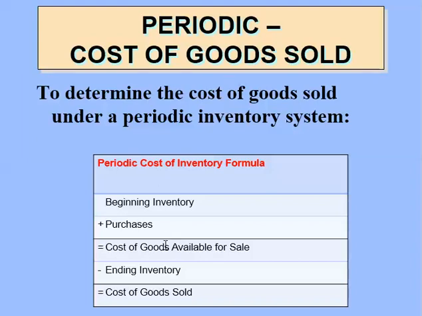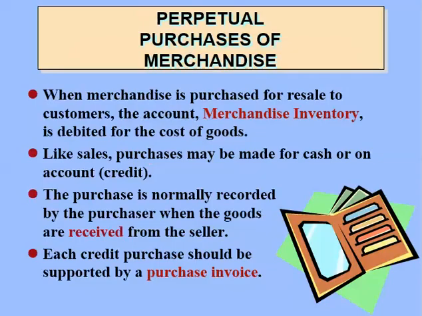It's the cost of the merchandise that we have available for sale during that particular period. Then we need to do a physical inventory count of some kind to determine how much inventory we actually have on the floor, and then we can calculate our cost of goods sold and go ahead and update and make that journal entry.